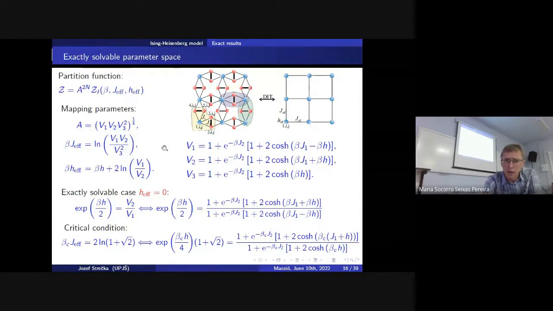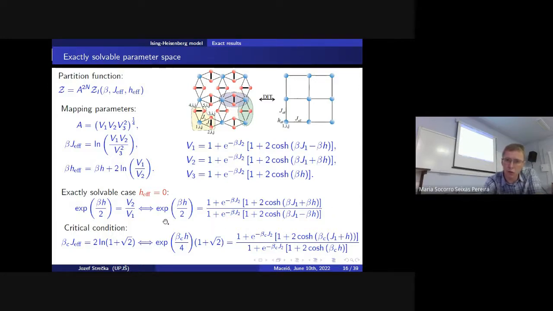Moreover, it's important that the Ising model is exactly solvable in case the effective field is 0. What does it mean? We can simply put the effective field equal to 0, and then we will get a parameter subspace where we even have an exact solution.